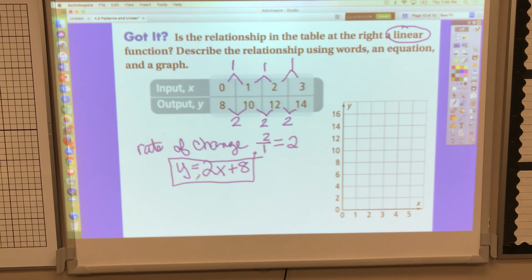Okay, so what's happening in this problem is that our input times 2 plus 8 equals our output.